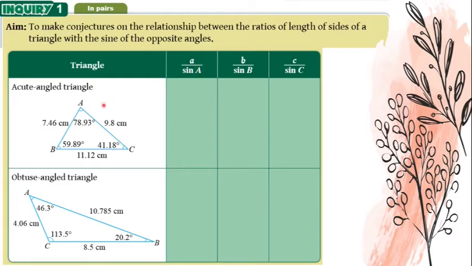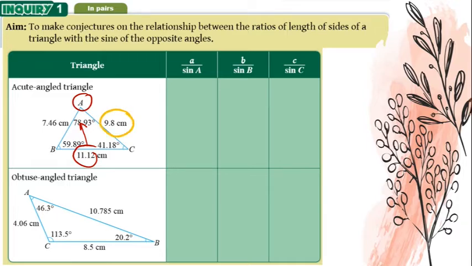So for the first triangle, where is a? Here, a is located opposite to the angle at vertex A. Small a refers to the length of a side of the triangle and big A refers to the angle.